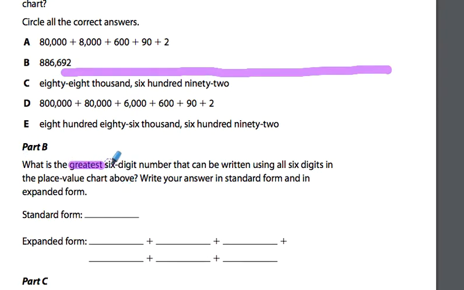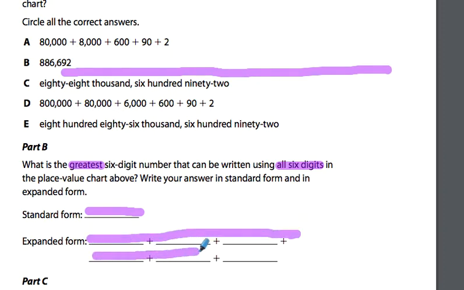What is the greatest 6-digit number that can be written using all 6 digits in the place value chart above? You're going to write your answer in standard form here, and then you're going to break it apart and write it in expanded form here. All right, pause your video.